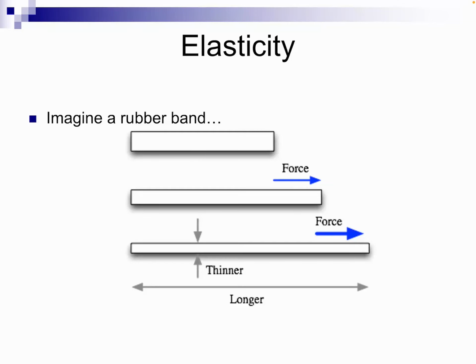Common sense tells us that if you apply a force, like stretching the elastic band, then we elongate it and we have a change in length. And common sense also tells us that if we stretch harder, we're applying a bigger force, and the elongation that results is bigger.